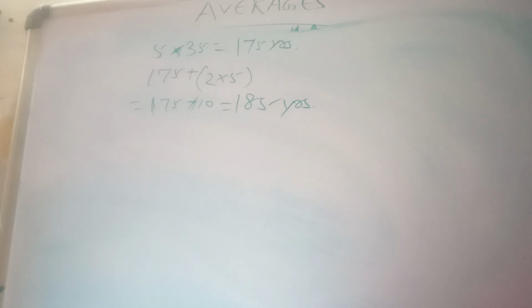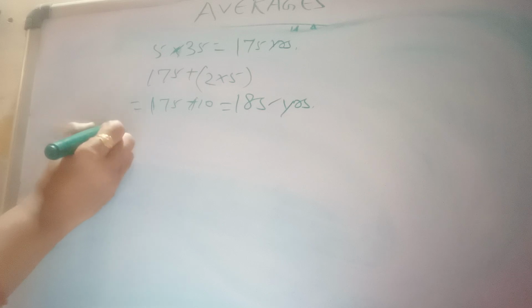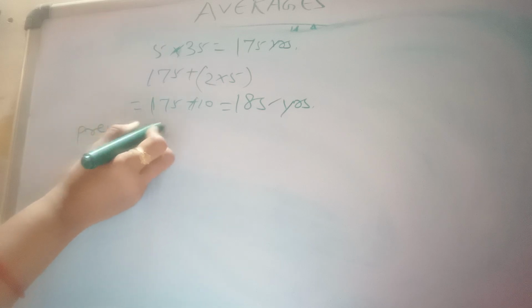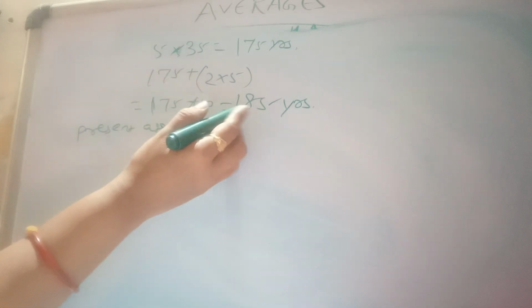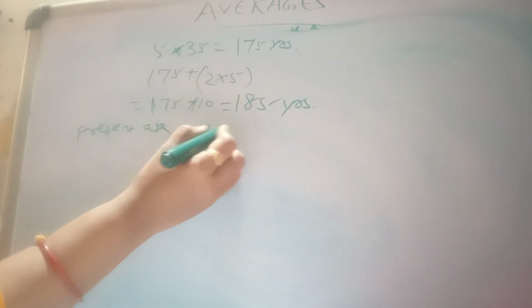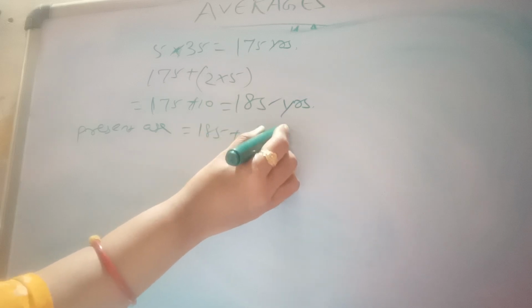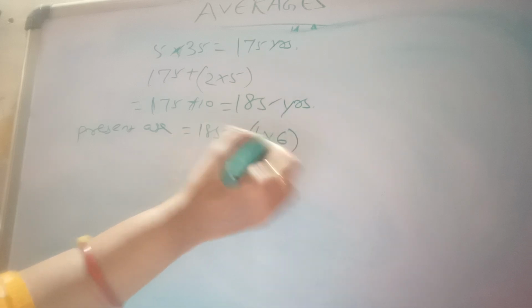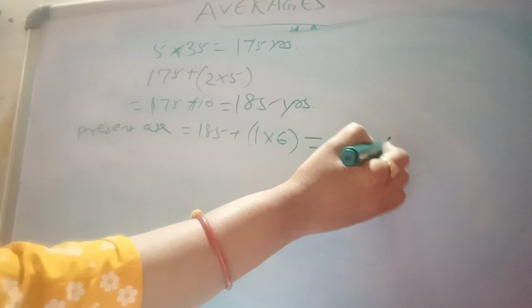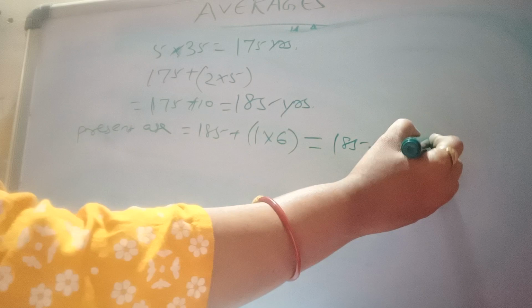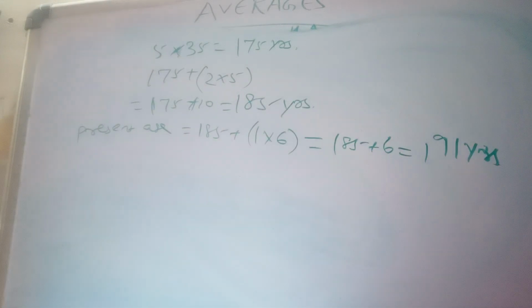And the present age of the family is 185 plus 1 into 6 equals to 185 plus 6 equals to 191 years.